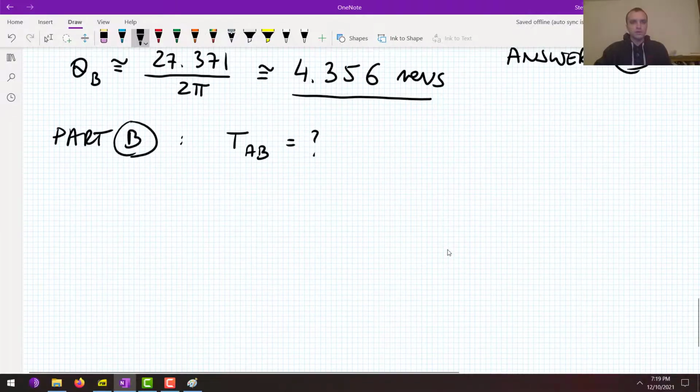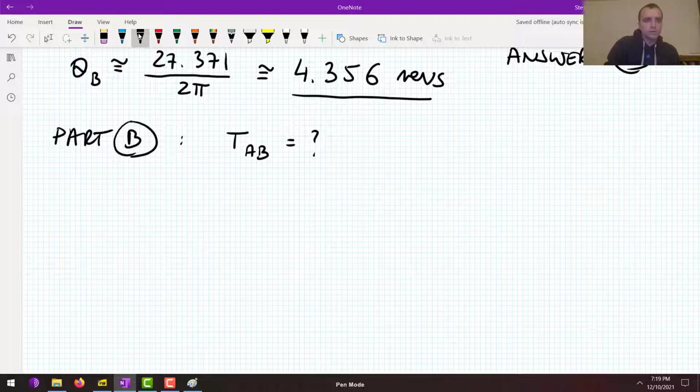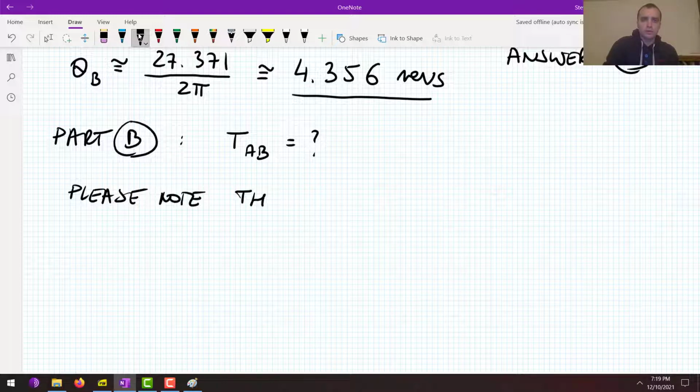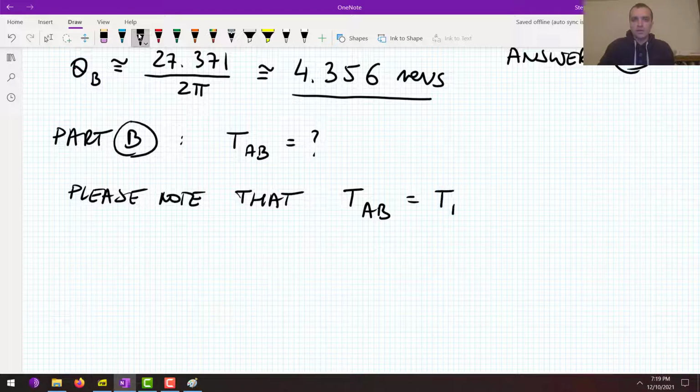Before we start solving for T_AB, I would like to note that T_AB, so the force acting on gear A and generated by gear B, is exactly the same as T_BA.